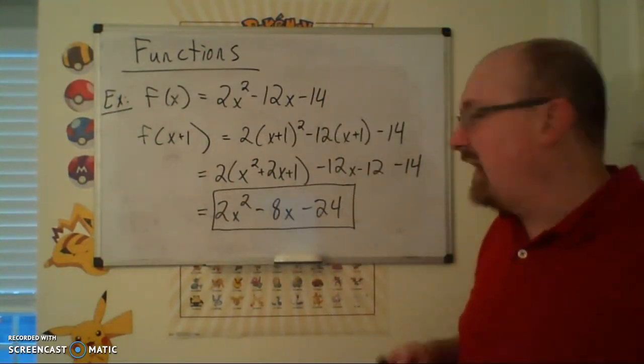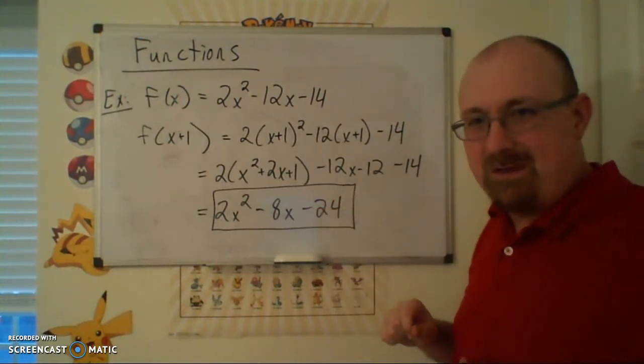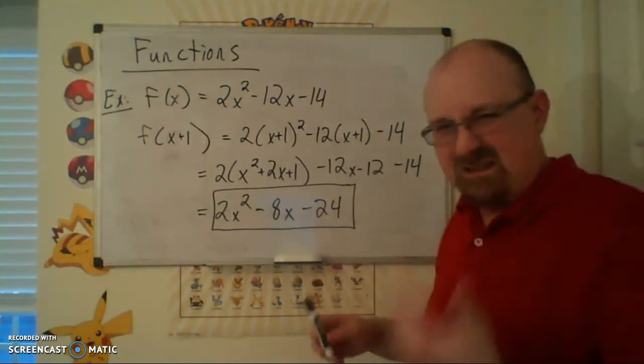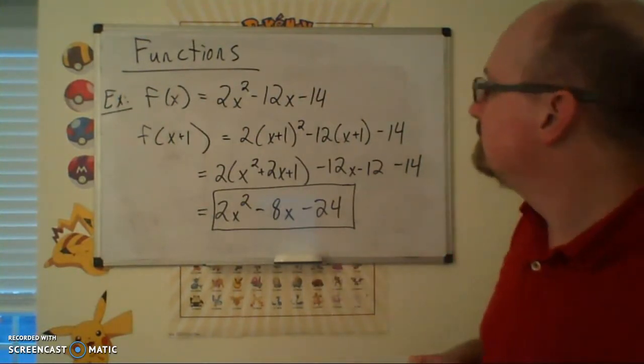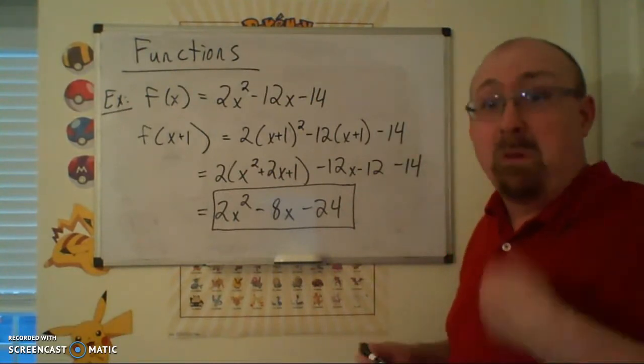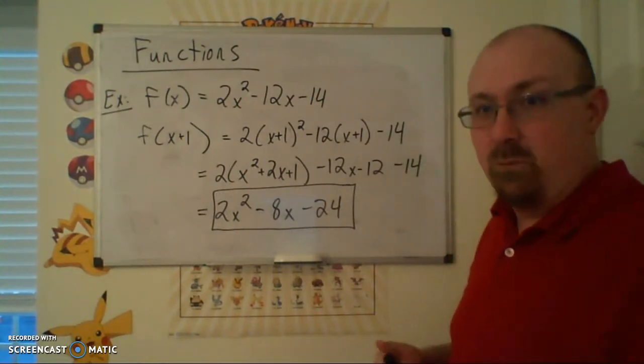Now, if you were so inclined, you could try some algebraic shenanigans to factor this thing out, but that's not necessary for our purposes here. So that's what we would get if we replace all of our x's with x plus 1s.